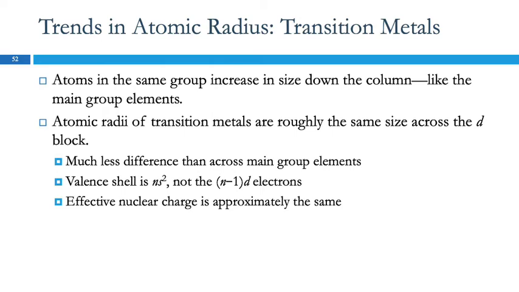So if we look at, let's say, vanadium has 23 protons, and let's look at zinc with 30 protons. So vanadium has a charge of 23. And how many core electrons does it have?